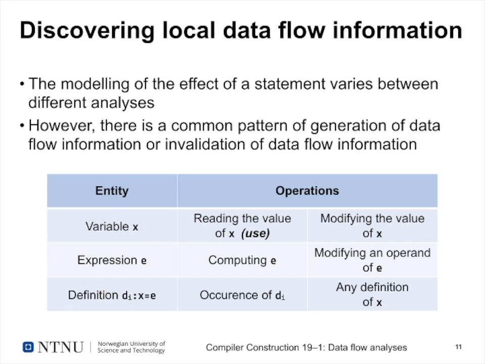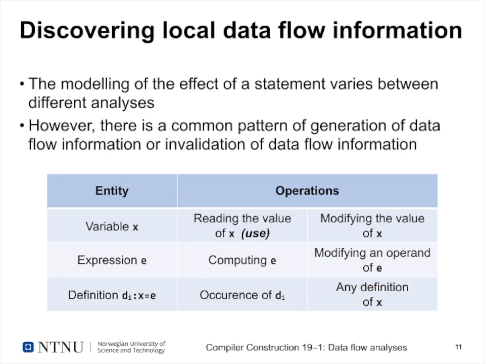We can have two operations each. For variables, we can read a variable x, so we use it, or we can modify its value. For an expression e, we can compute it, or we can modify an operand of the expression. And for a definition, this might occur anytime we have an x.